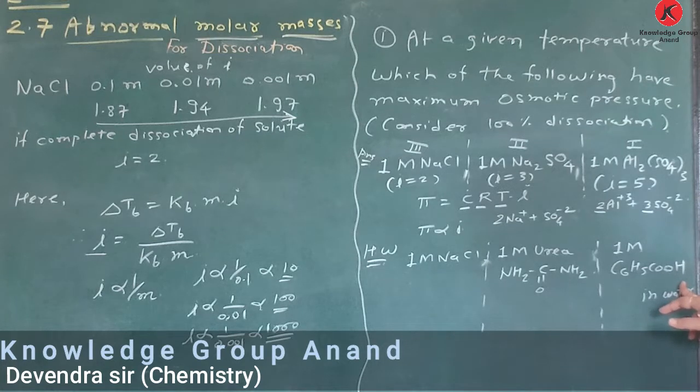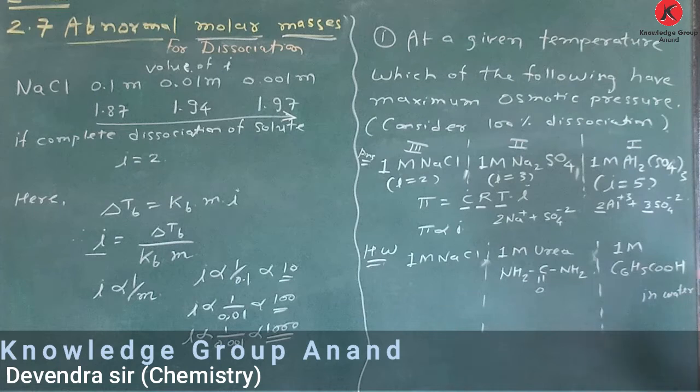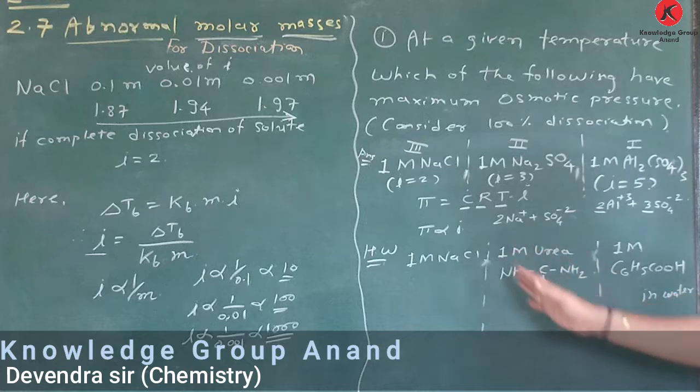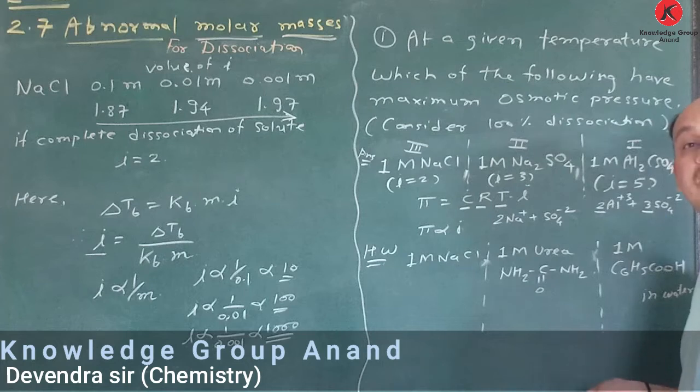You have to remember the molecular mass and find out which one has higher osmotic pressure. Here your answer is changed. It does not depend on a particular factor, but you have to remember this formula and from that find the answer.